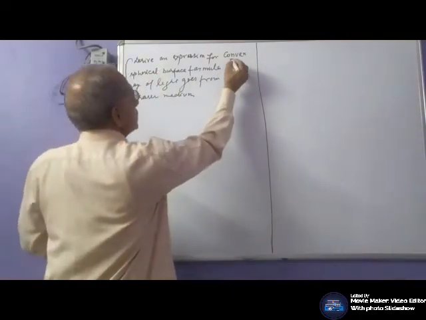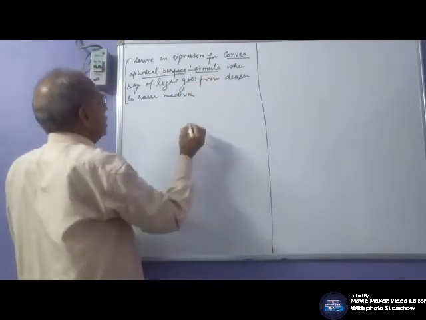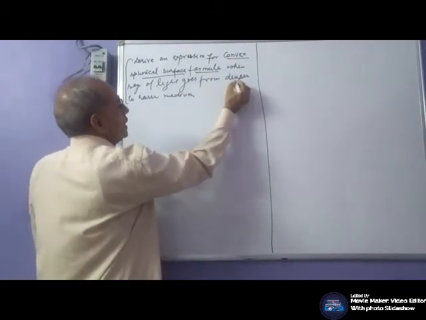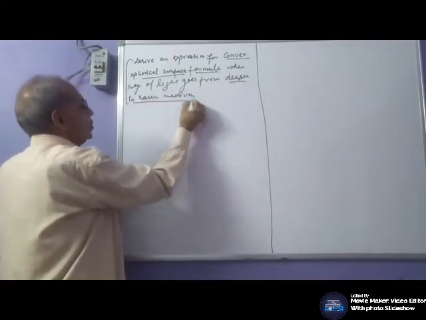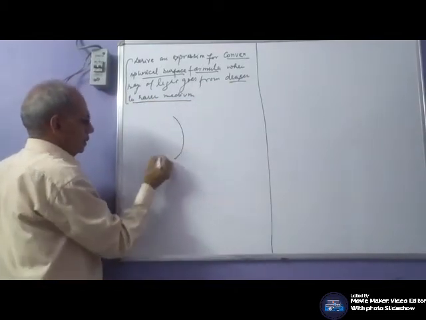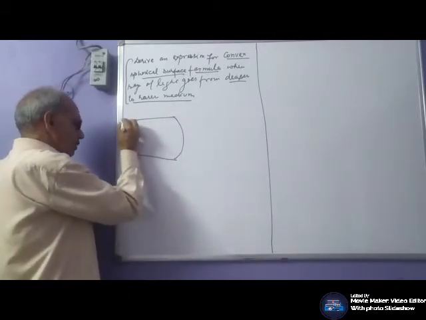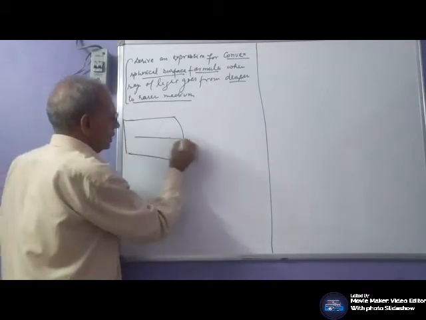Derive the expression for a convex spherical surface when a ray of light goes from denser to rarer medium. This is the convex surface, object on the left-hand side.